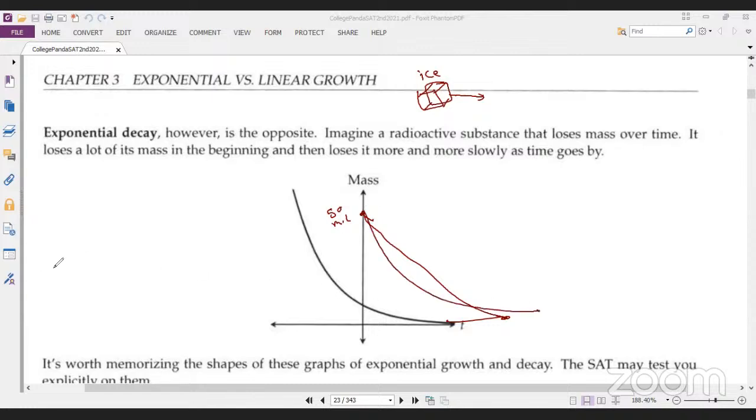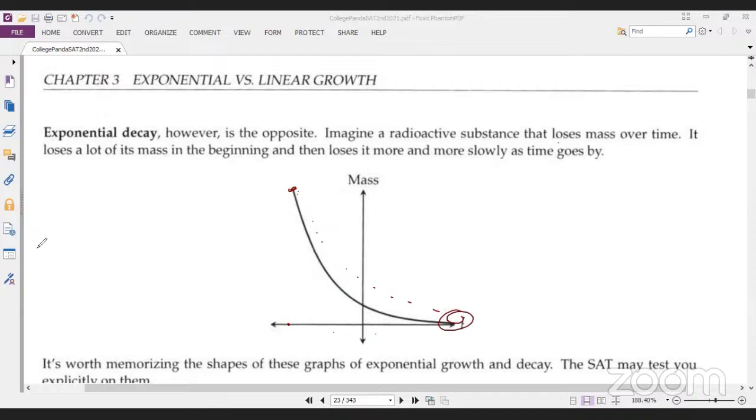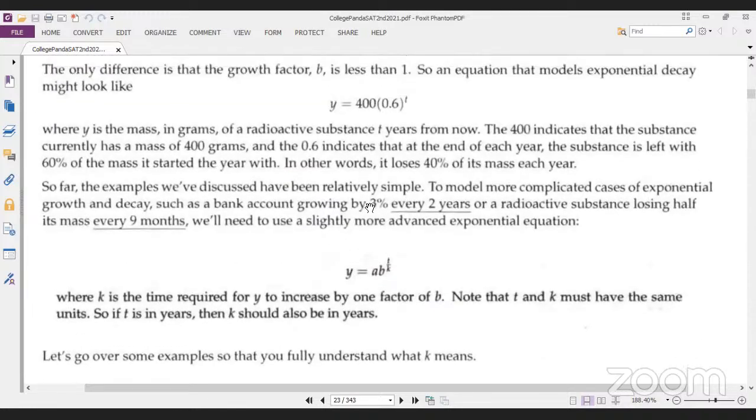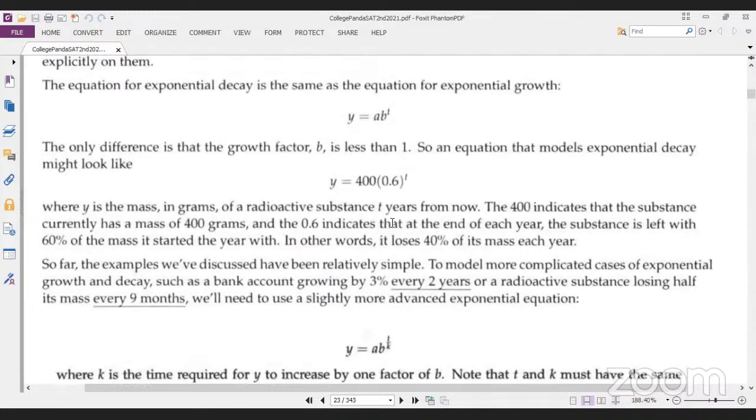This is actually easier than the radioactive substance that loses mass over time. Here the radioactive mass is decreasing to almost zero over time. So this is a decay relationship. This is a very important example.